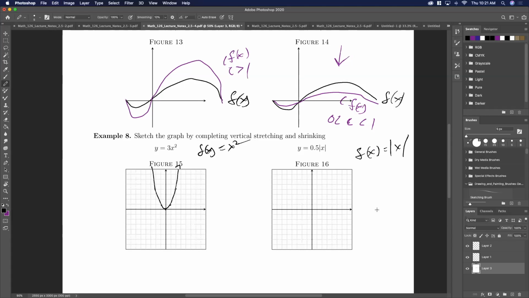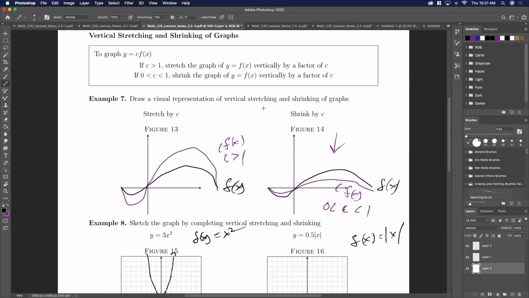You can't use 0 because, let me make this very clear: y equals 0 times f of x. No matter what f of x is, y is equal to 0, and then you have infinite shrinking of a line. So if it's 0, it is a line at y equals 0, because nothing that you input here will change that.